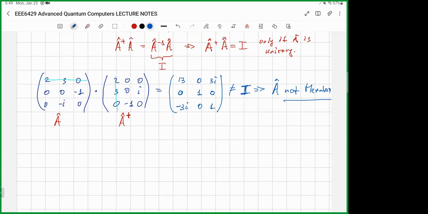This is the procedure of finding whether the matrix is unitary or Hermitian, etc. Of course, usually you don't do it by hand. Usually I use MATLAB or Mathematica. Mathematica, for example, is very powerful for these matrix calculations because it allows symbolic calculations.